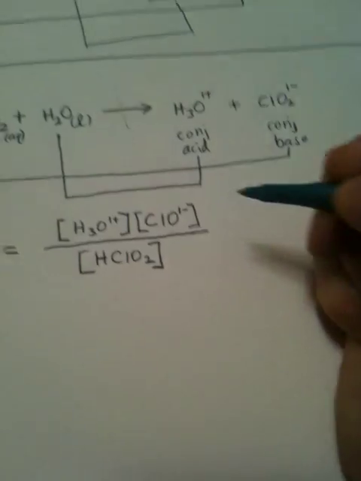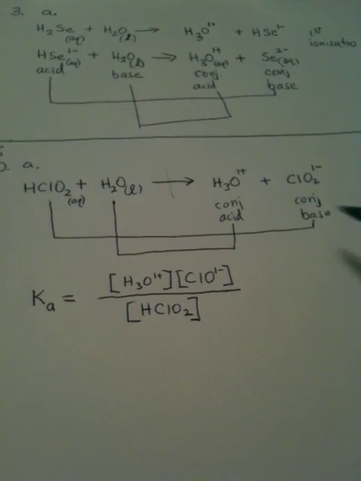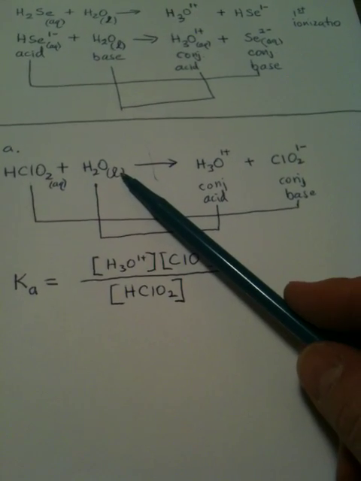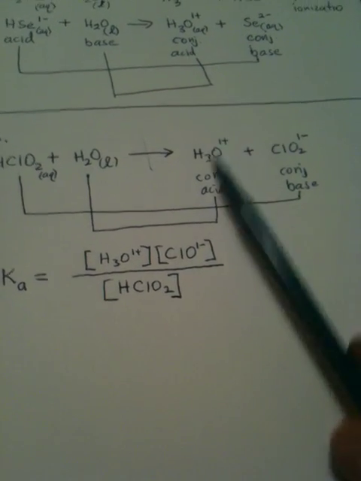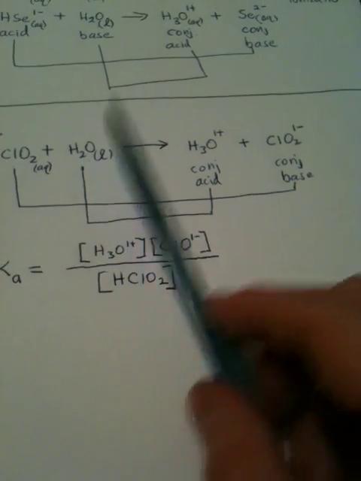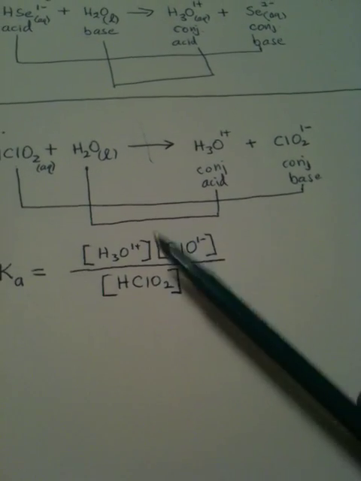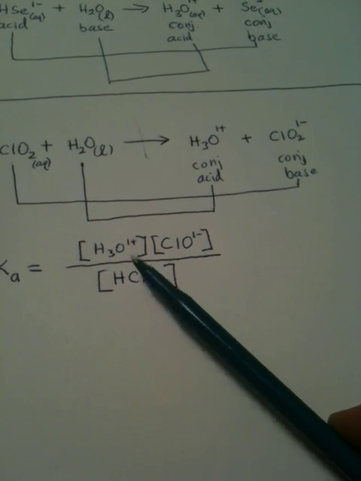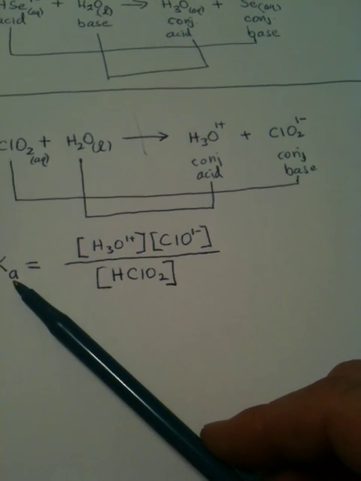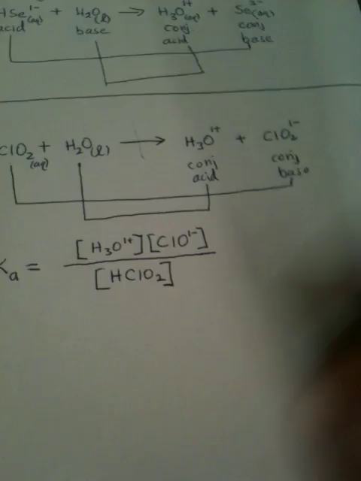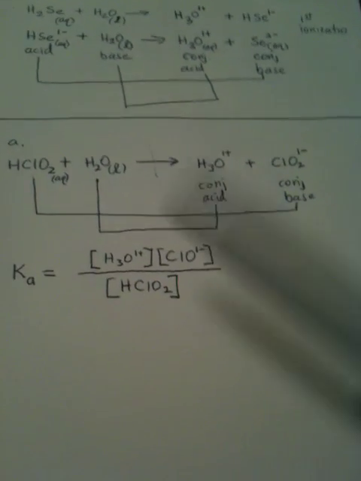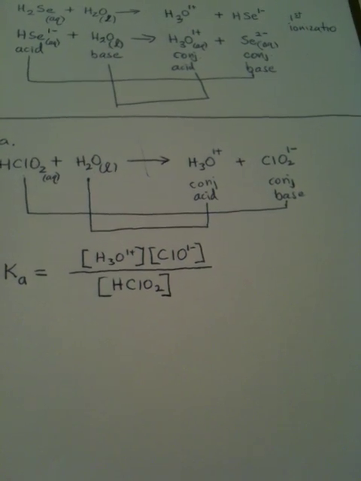What's missing here? Oh, the water's missing. Why? Because it's a liquid. So as we're doing this, we have to make sure we don't put that water in there. And this is the K sub A, the equilibrium constant of the acid, this expression right here. That's it.